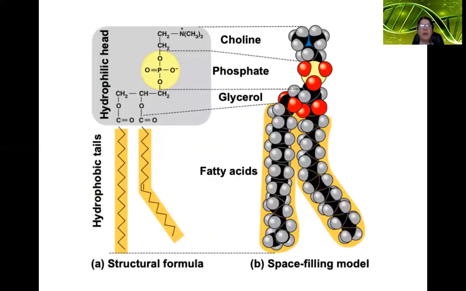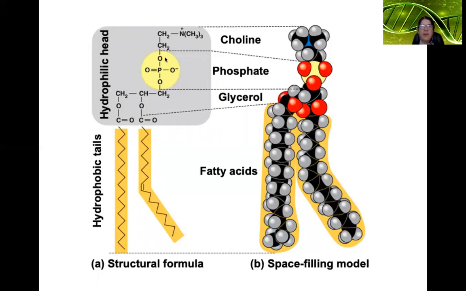Here's an example of one of the famous phospholipids called phosphatidylcholine. You don't have to remember the name, I just wanted to show you a picture and a formula of one such phospholipid. The 2 fatty acids, and the glycerol backbone. The 2 fatty acids are attached to 2 of the hydroxyl groups.